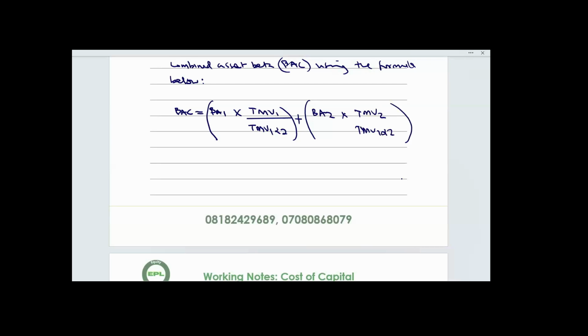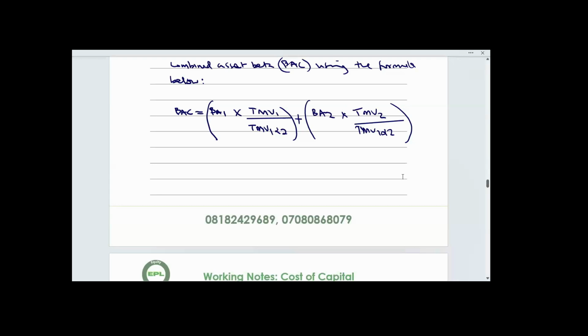So this is the formula that you are going to use to calculate average beta of the combined. If the company has more than 2 activities, then you extend it with a third one. In this formula, it is assumed there are just two business activities.